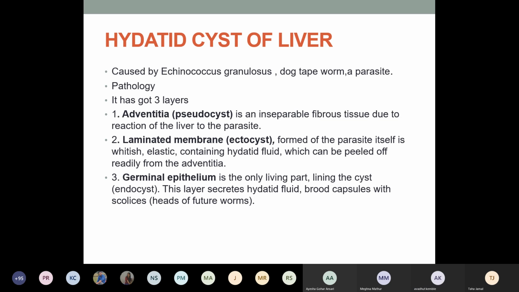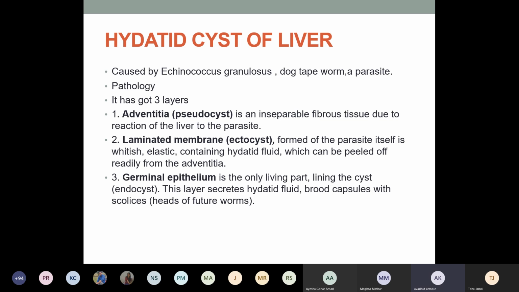Ectocyst is also called a laminated membrane formed of parasite itself, which is whitish, elastic, containing or secreting hydatid fluid, which can be peeled off readily from the pseudocyst.